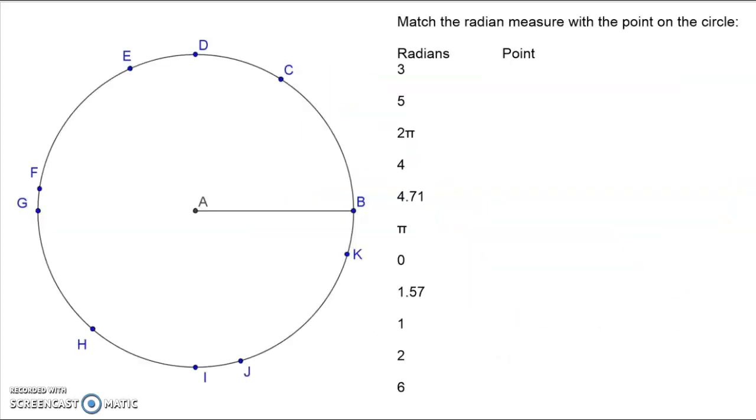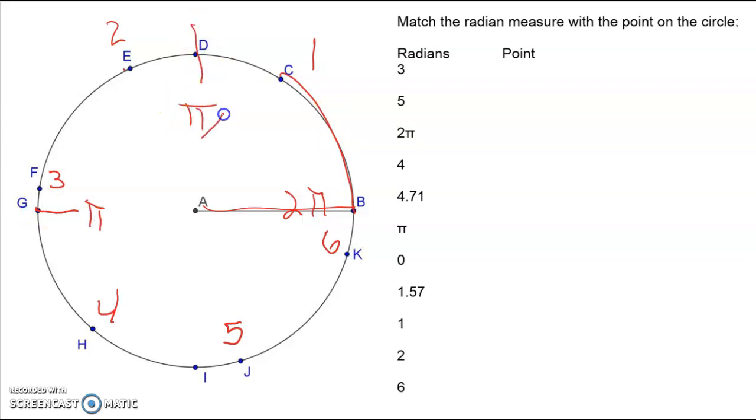So where we were is, I'm just going to run through this really quickly. We decided that if this is the length of 1 radian, here we are at 1, here we are at 2, here we're at 3, here we're at 4, here 5, and here 6. So if this whole thing is 2 pi, that means at half a circle, we're at pi. And at a quarter circle, we're at pi over 2.